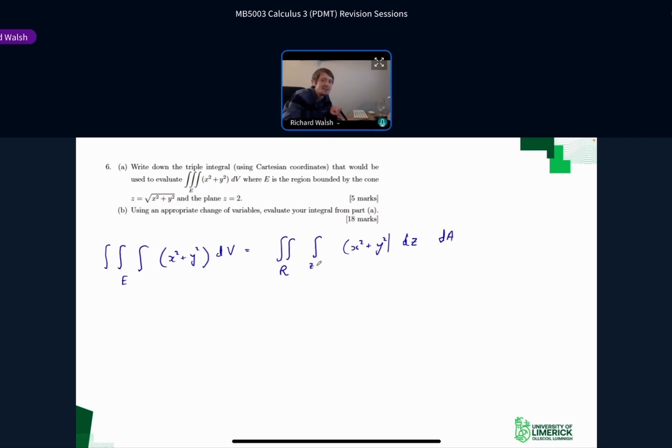So I need z limits. Z goes up as far as 2. That's the red plane, z equals 2. All the other values underneath that are determined by the cone. So z equals the square root of x squared plus y squared. That would be the initial setup.